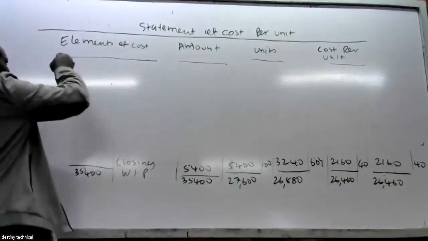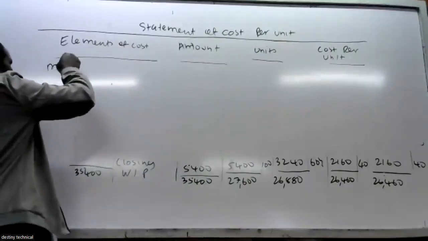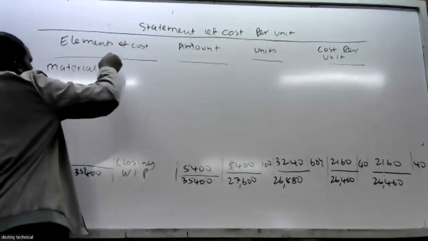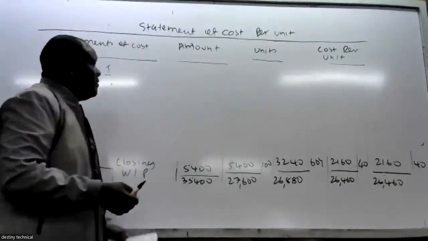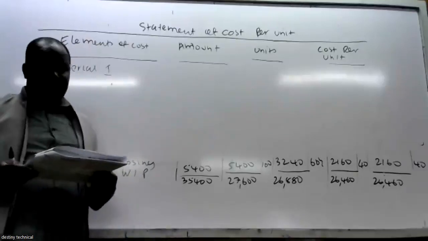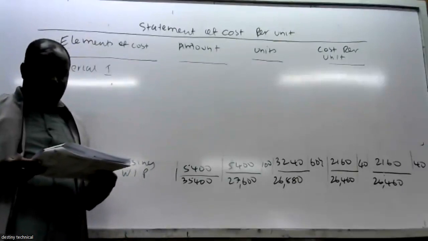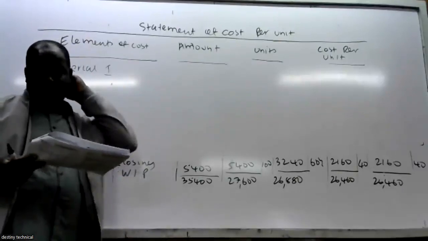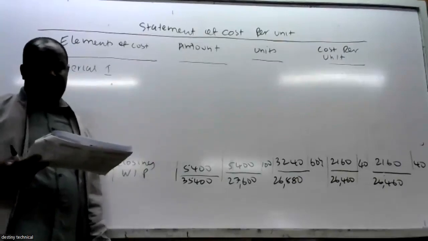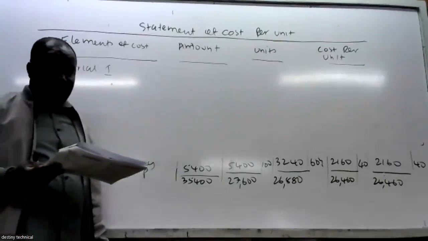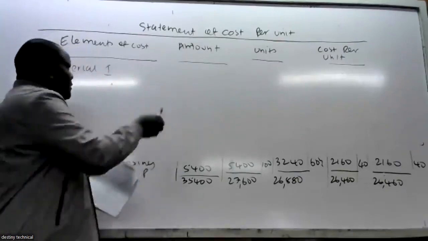Material one is what was brought in from the previous process. If you go to note number one, the transfer from process one amounted to 30,600 units. So the amount is 306,000.